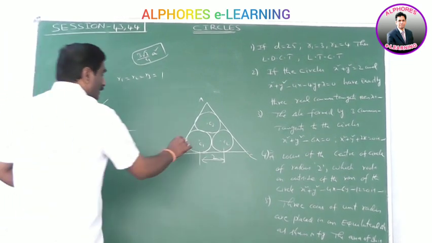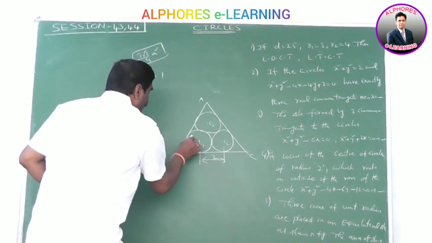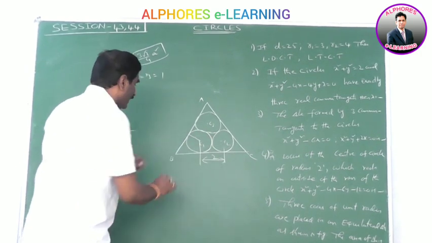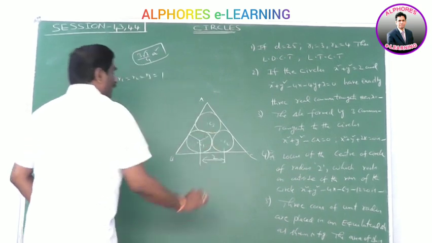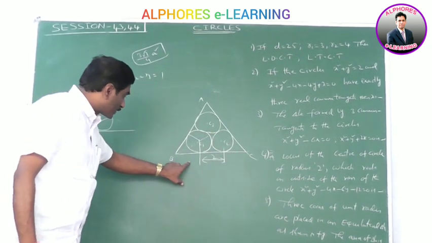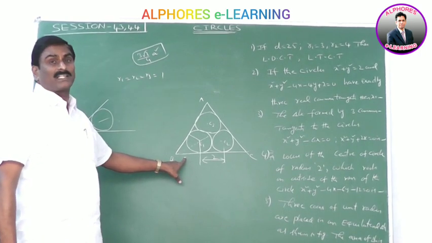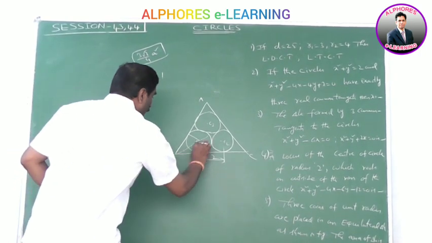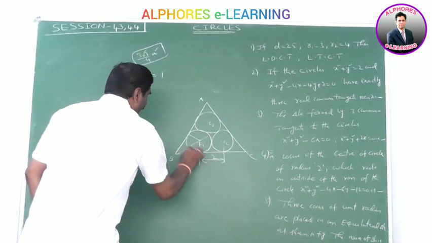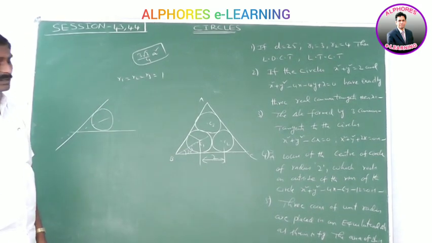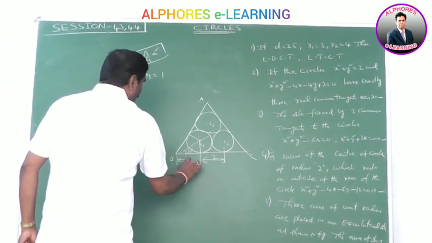The perpendicular distance from C1 to each line is R, so they are equidistant. That means C1 lies on the angular bisector of the two sides BC and BA. Each angle in an equilateral triangle is 60 degrees, and the bisector divides it into two equal parts of 30 degrees. Say this value is x units.